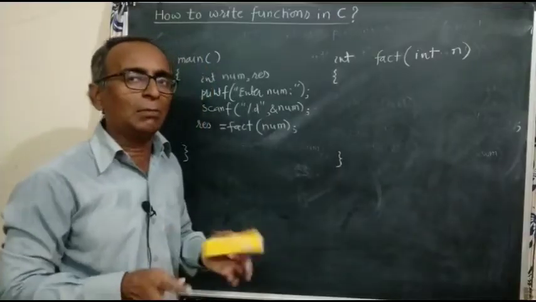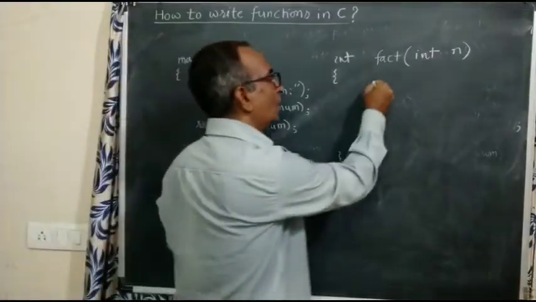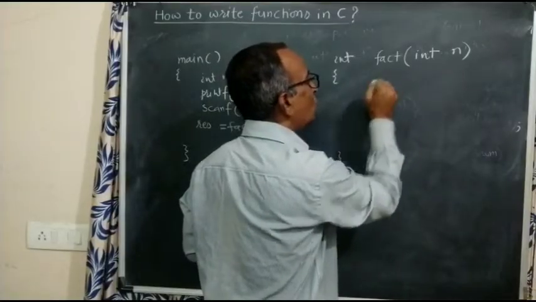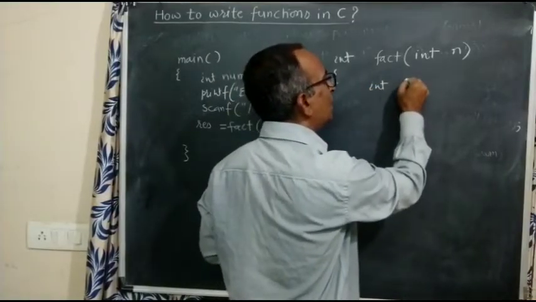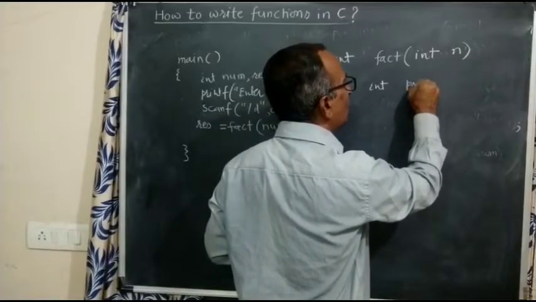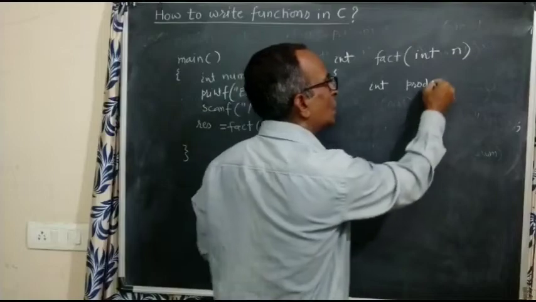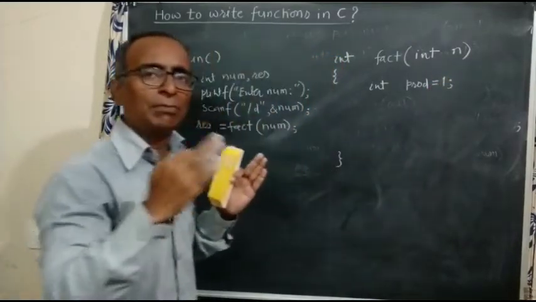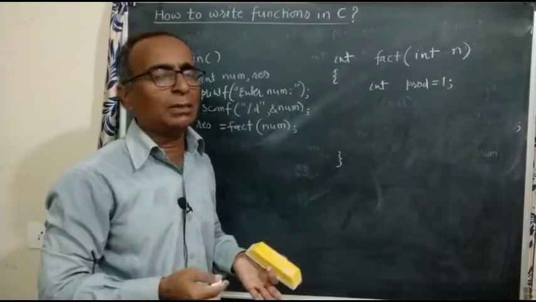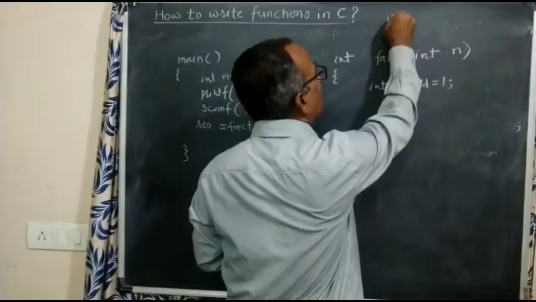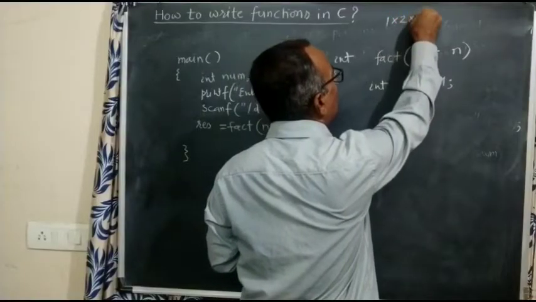Now you know factorial logic. Whenever you are multiplying some series of numbers, we have already seen how to do that. Take one variable, suppose this product you are calculating, product of some numbers. Always initialize this to 1 whenever you are multiplying something. This factorial calculation is nothing but, if you want to calculate factorial of 3, you are doing 1 into 2 into 3.